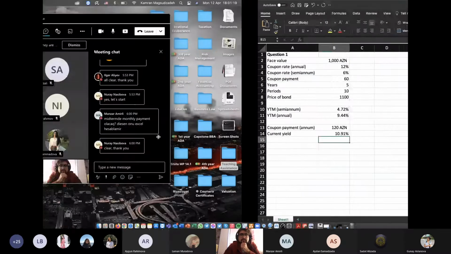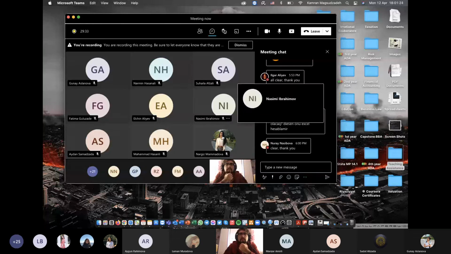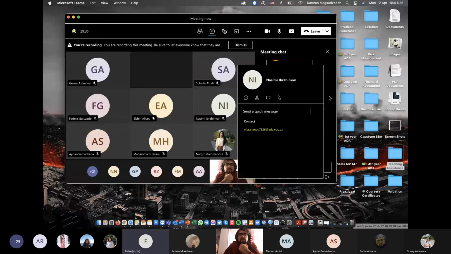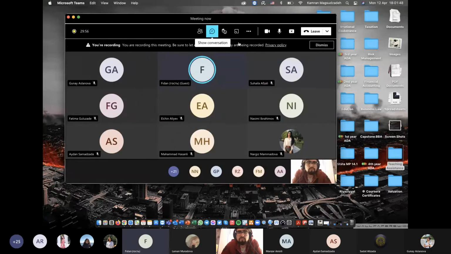I'm sorry to interrupt, but I can't get access to chat. What can be the cause? You can't get access to chat? Don't you have a chat button here? No, it says that there is permission only for participants or something like that. You joined as guest.